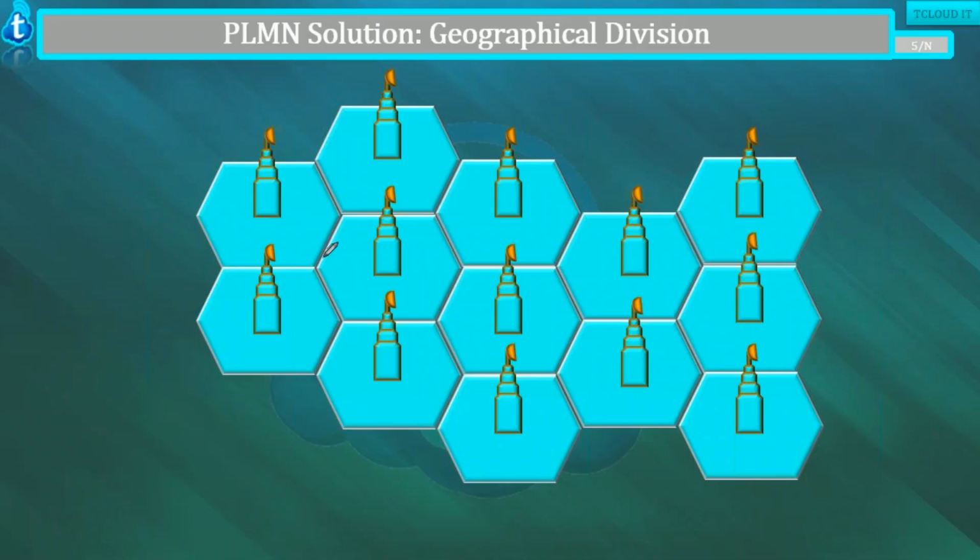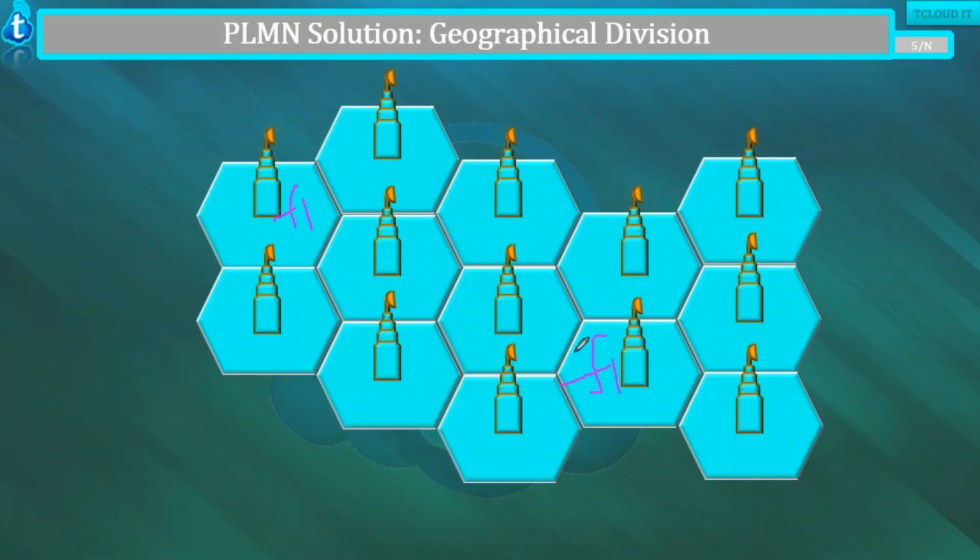But one of the other advantages of dividing this total geographical area into cells is that whatever frequency we allocate to one cell, we can reuse that frequency somewhere else, because there would be no transmission interference between this cell and this cell. We can keep on repeating the available frequency. So that makes the operator buy less frequency instead of having too much frequency.